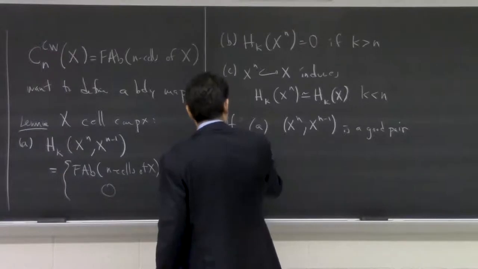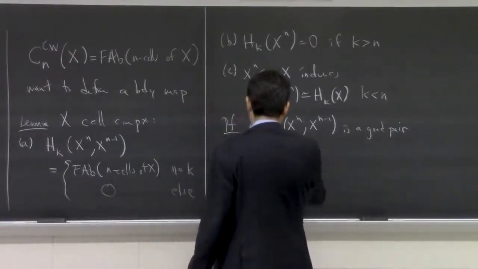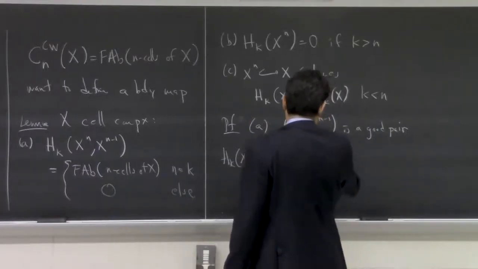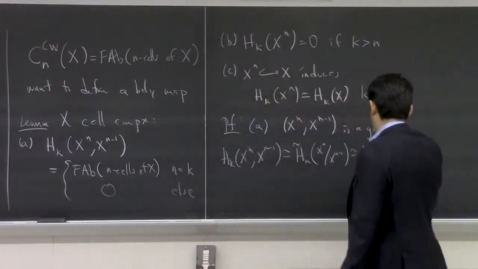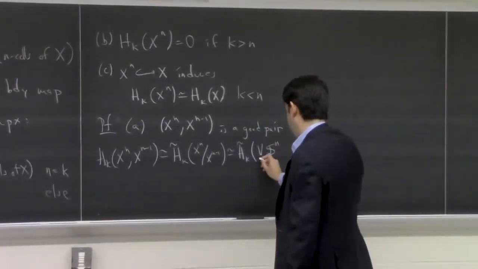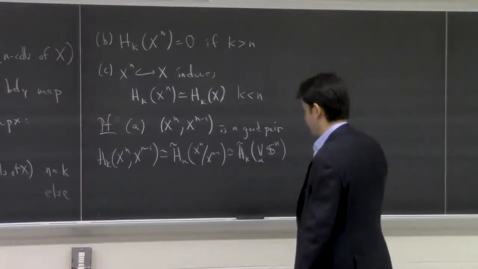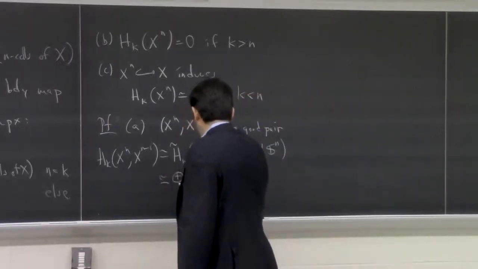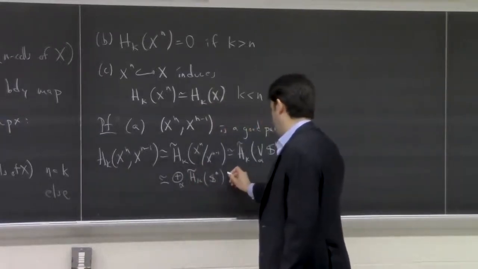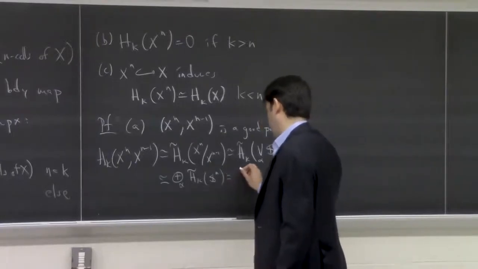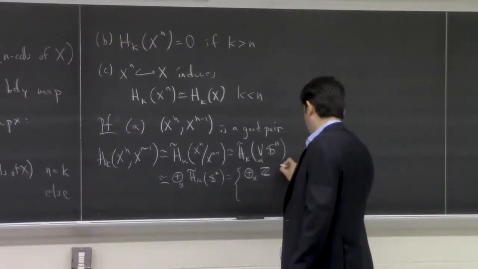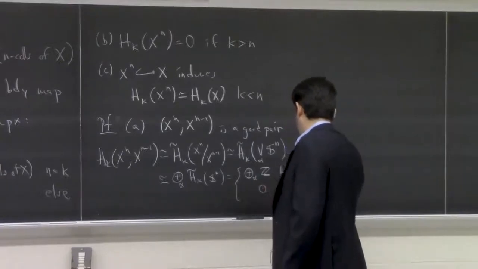So H_k of X_n minus X_{n-1} is the same as H_k tilde of X_n over X_{n-1}, which is H_k tilde of a wedge of n spheres, which is the direct sum of these guys, which is the direct sum of Z's if k is equal to n and 0 else.